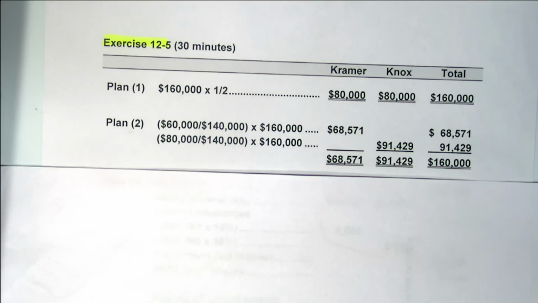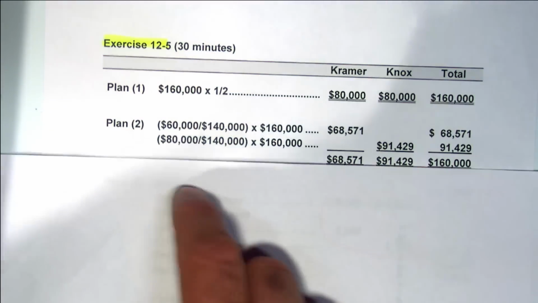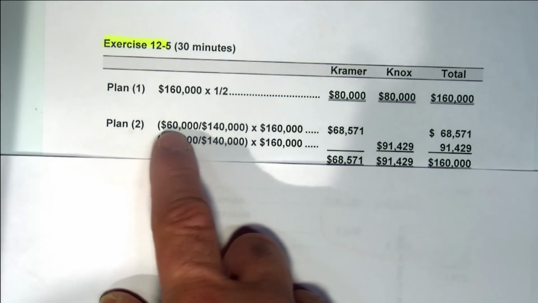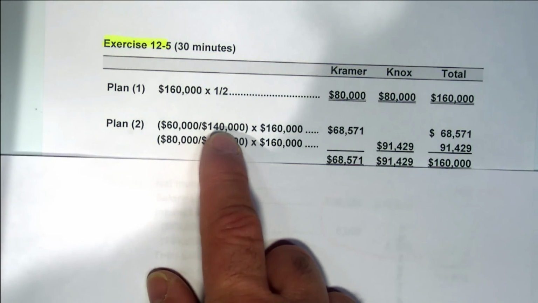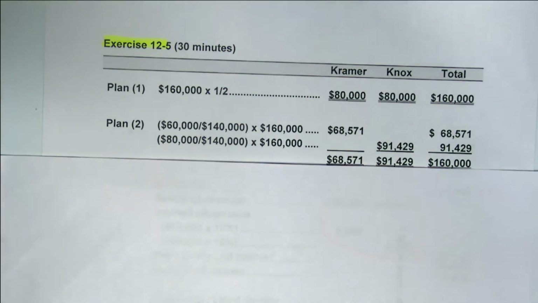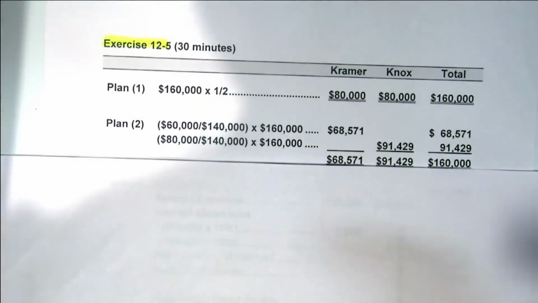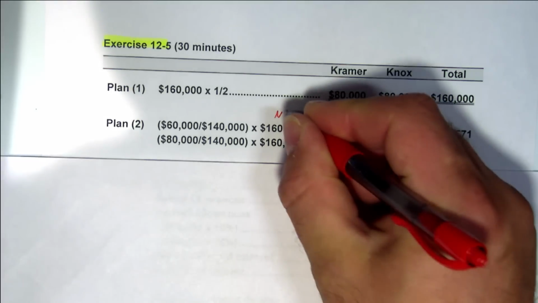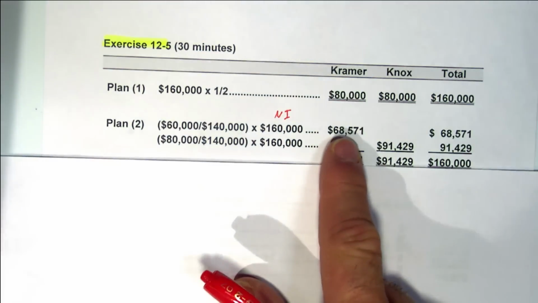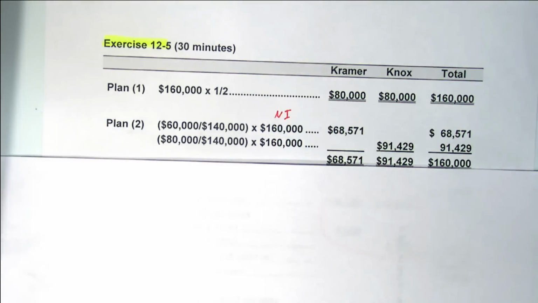Knox had capital of $80,000. That's a total of $140,000, right? So for Kramer, you take 60 divided by the total of 140 times that net income of 160,000, and you get 68,571. If you're within $1 or $2, that's fine.